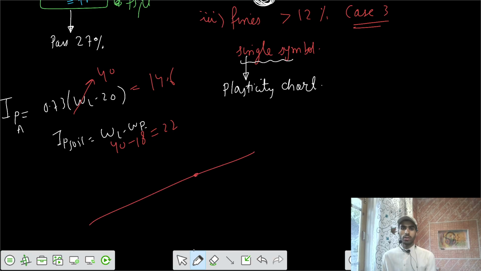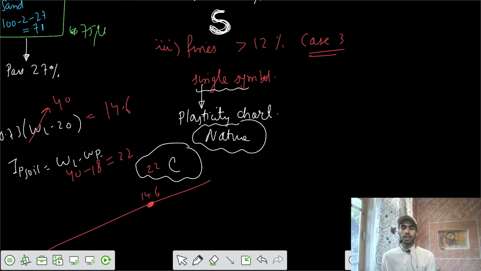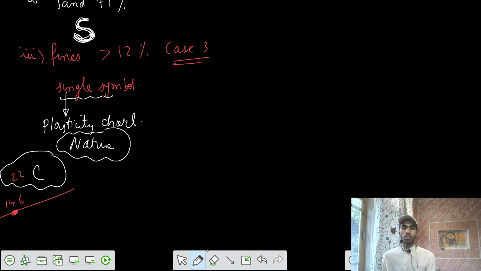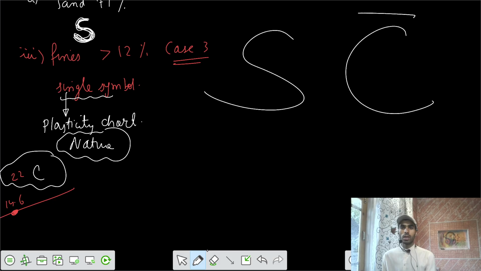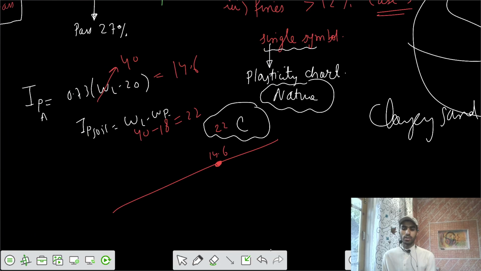Your actual value is 22, somewhere above the A line. That means the nature of the fines, as the plasticity chart tells us, is clay. So we got the suffix also. Prefix we got, suffix we got: clayey sand. This is your solution. Clayey sand is the answer. Okay.